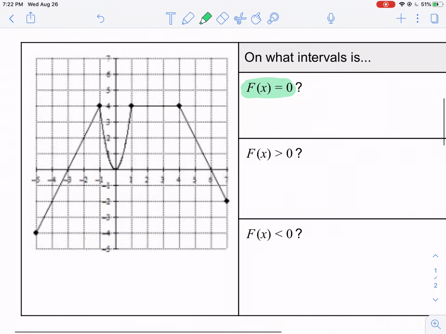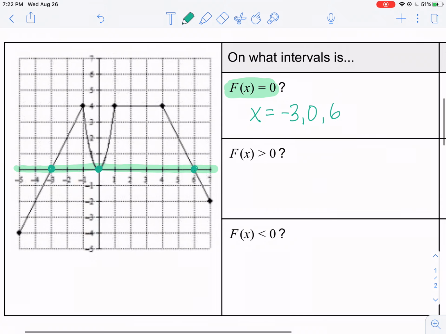So it's asking, on what intervals is f of x equal to 0? Well, only at this spot, this spot, and this spot is it equal to 0. So I would say where x is equal to -3, where it's equal to 0, and where it's equal to 6.